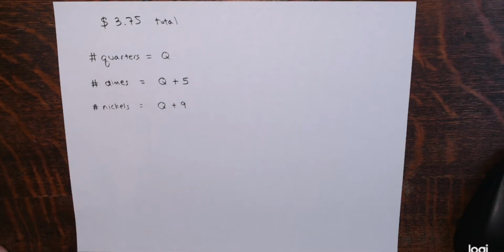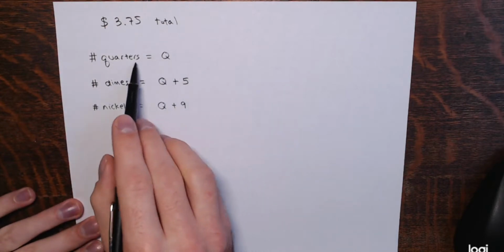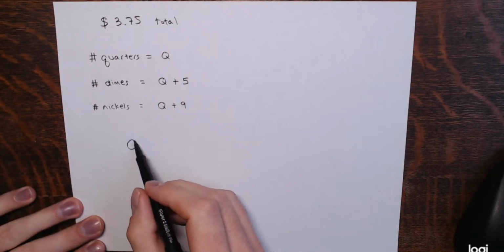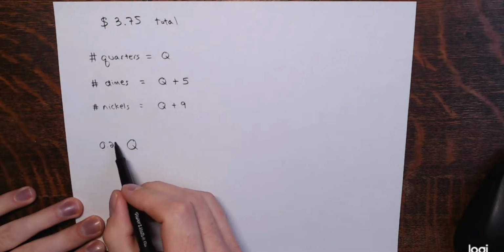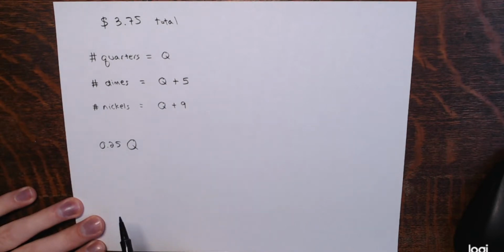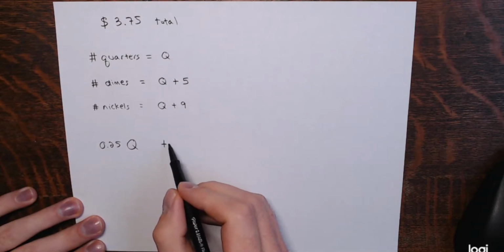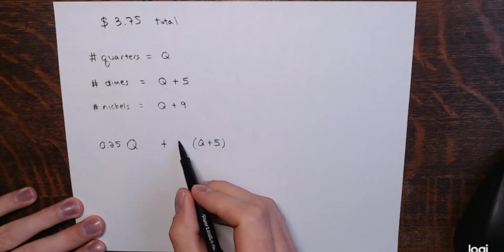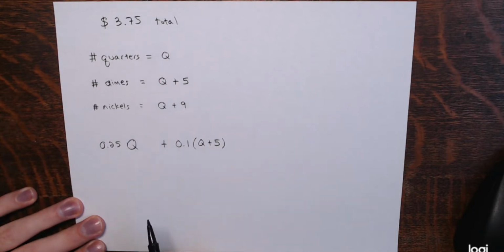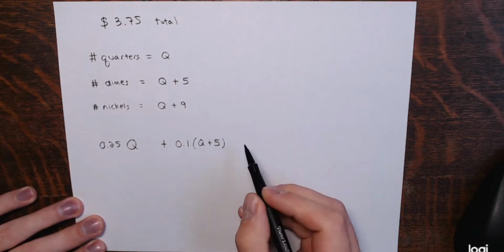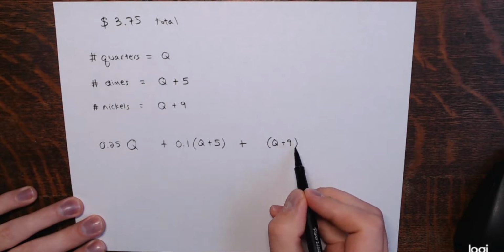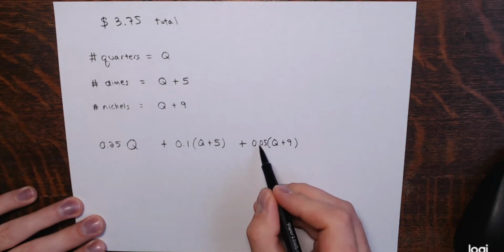So again, I'm using the money thing. Now quarters, remember quarters are $0.25. They're a quarter of a dollar, 25 cents. So the number of quarters times 0.25, right, that's how much money he has in quarters, plus the number of dimes, this Q plus 5, times 0.1, right, that'll be how much money he has in dimes, plus, and then the number of nickels, Q plus 9, times 0.05, right, that's how much money he has in nickels.